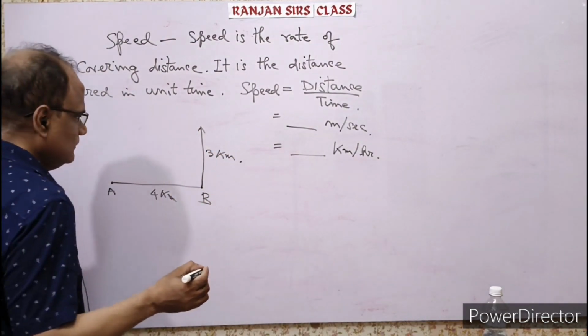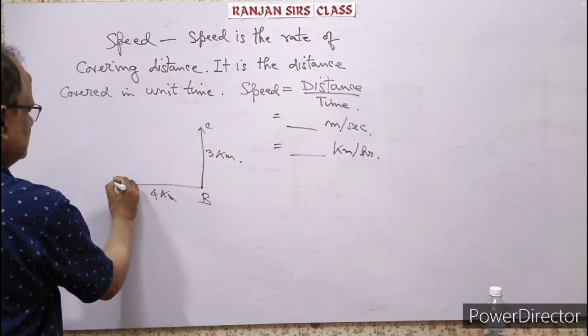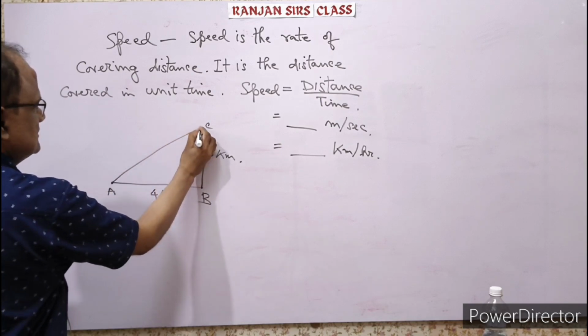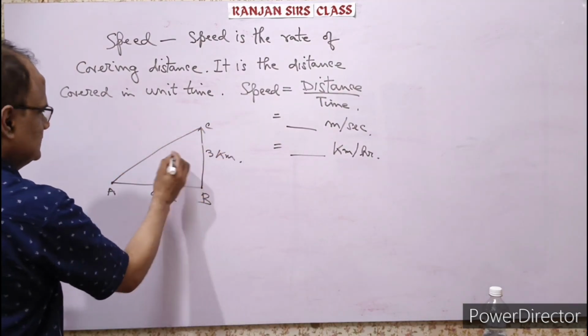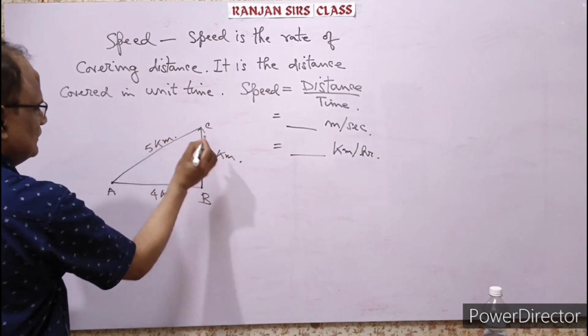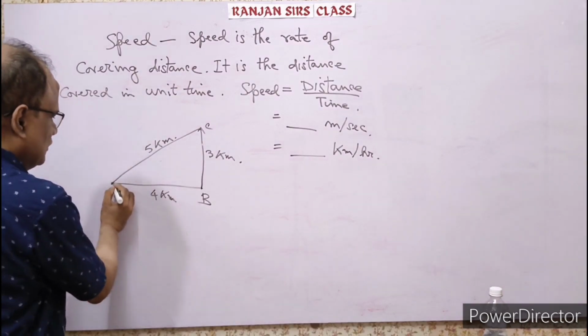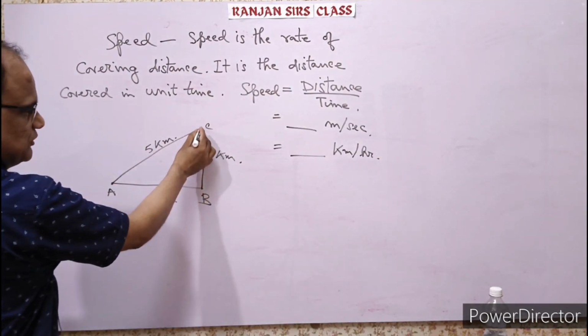So by using Pythagoras theorem, as we did earlier, you can find the distance AC. Then distance AC will come out to be 5 kilometers. So the body traveled from A to B and then from B to C and finally reached point C.